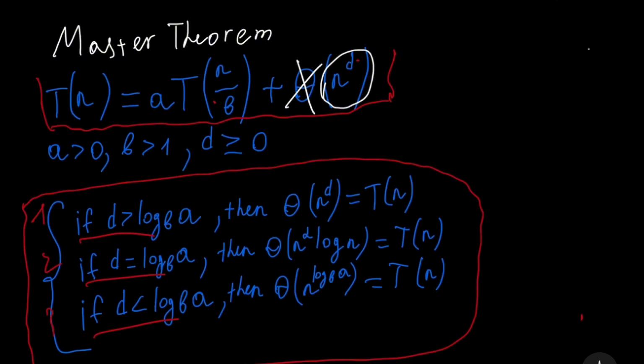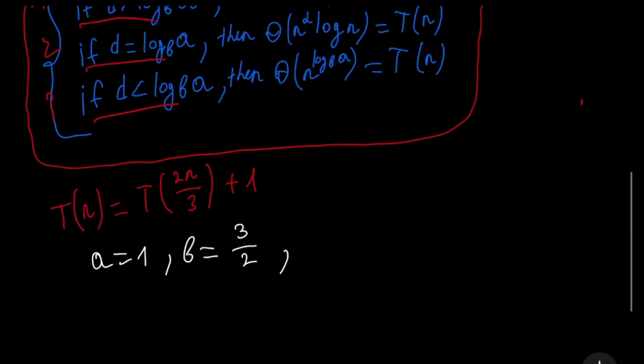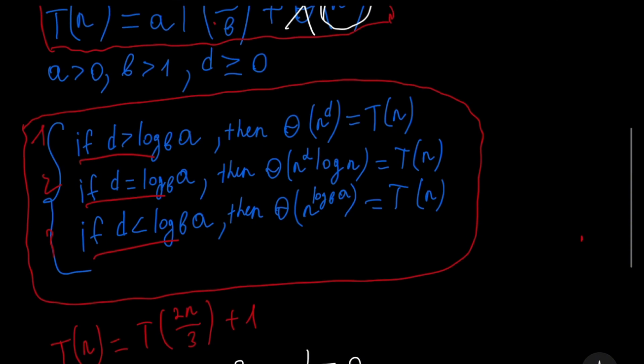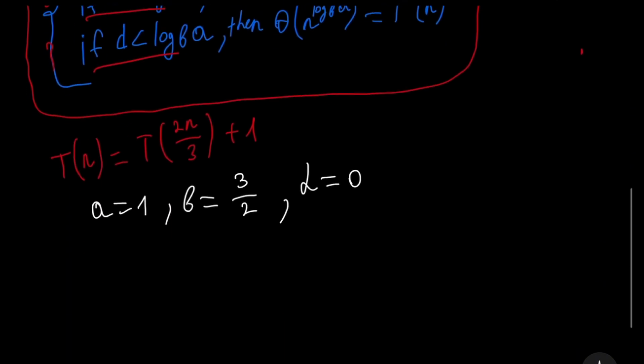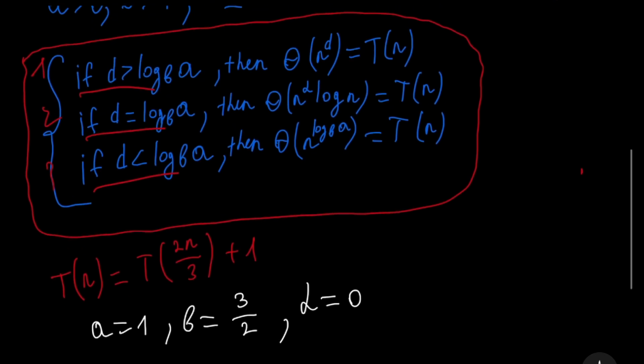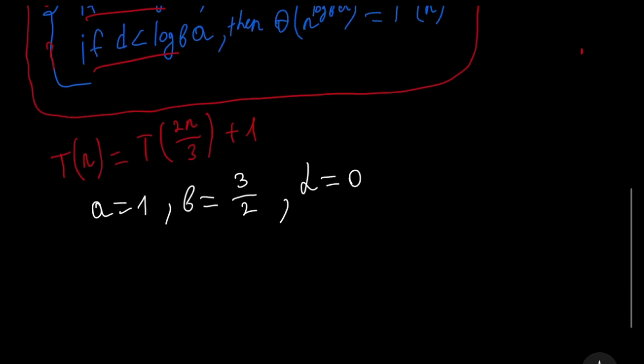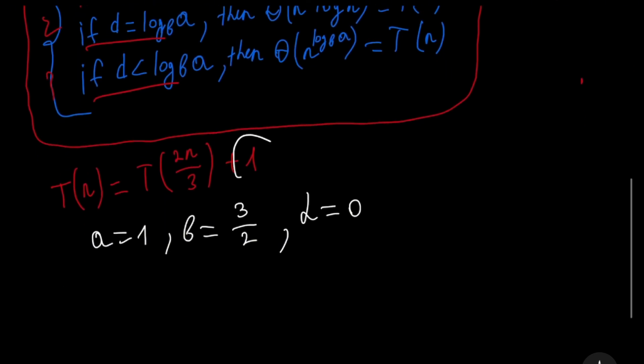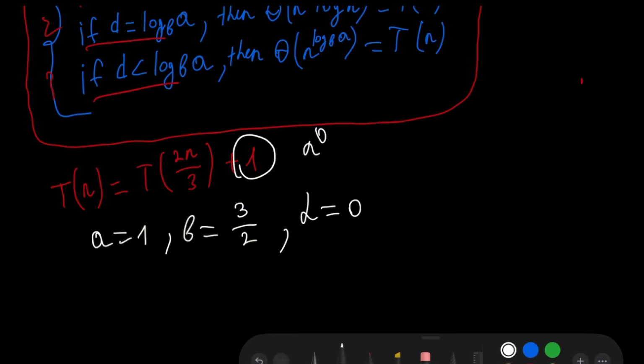And our d is, in terms of n, just 0, because everything to the power of 0 is just 1, which we have here. So n was to the power of 0.